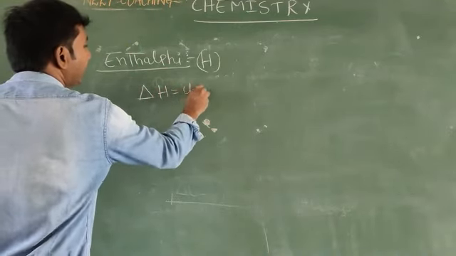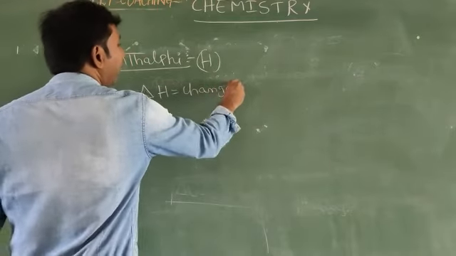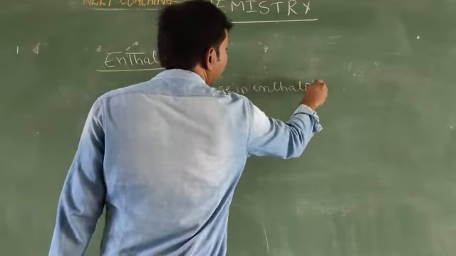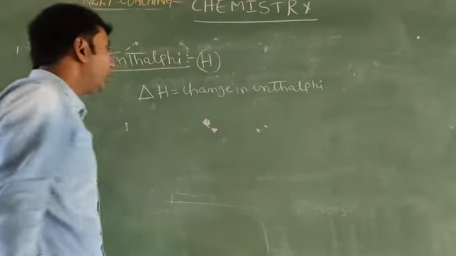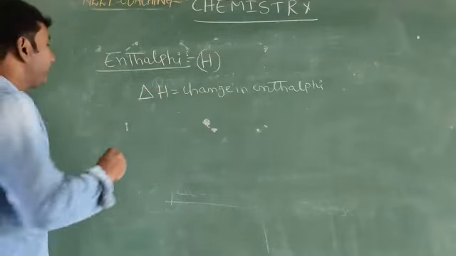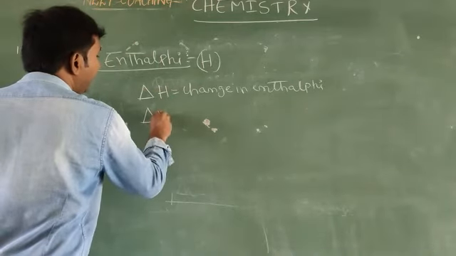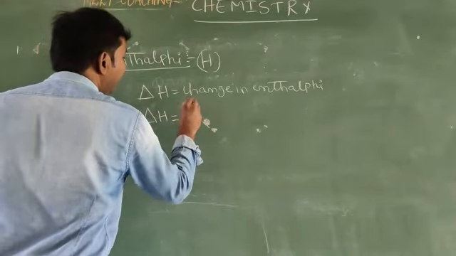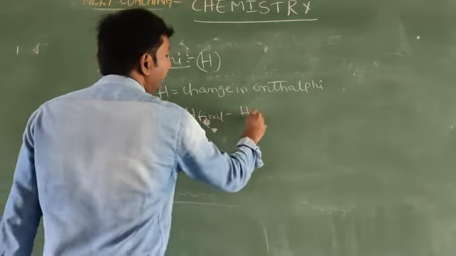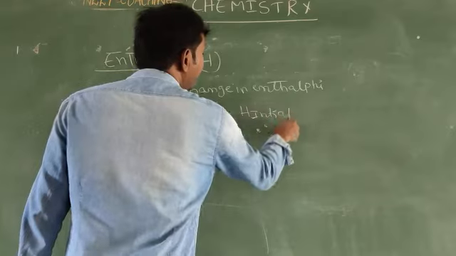Delta H means change in enthalpy. Change in enthalpy equals enthalpy of the final state minus enthalpy of the initial state.